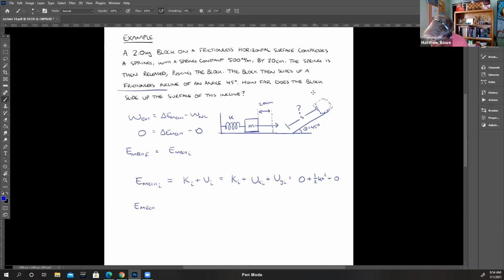Final. So I'm going to just write this one down. Some kinetic energy final. The spring or elastic potential final. While we're looking at this second picture, there is no movement, so no kinetic energy.